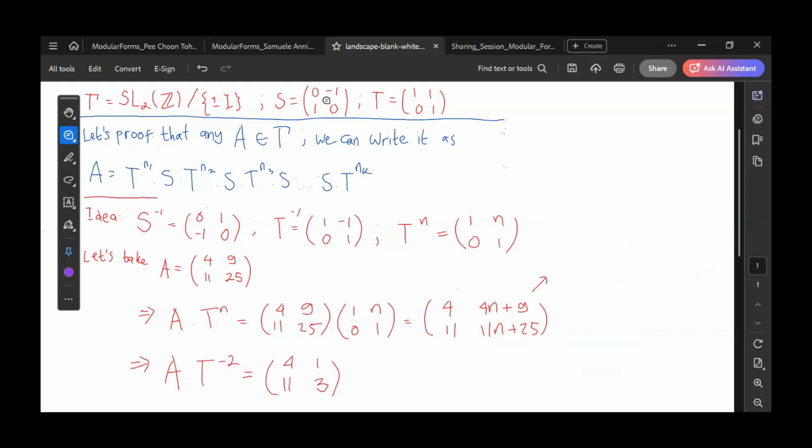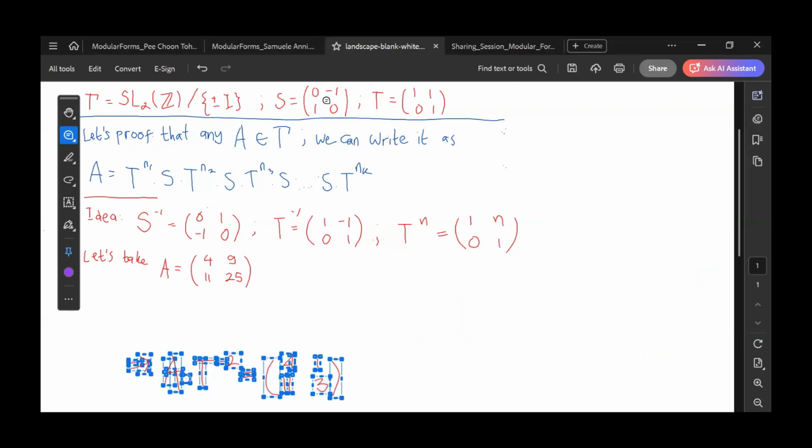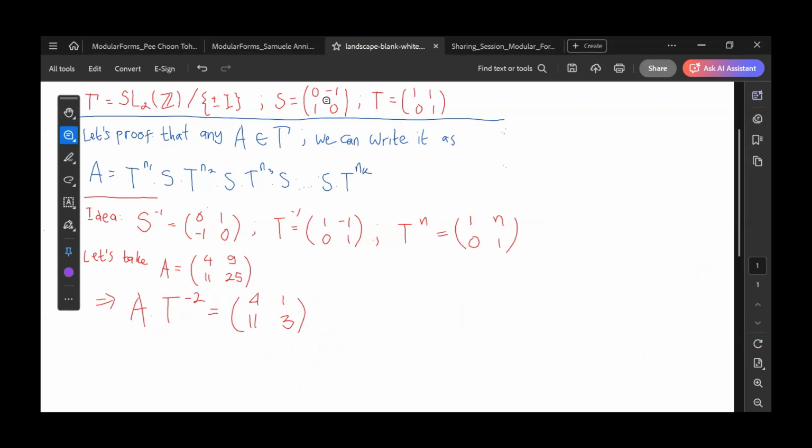So basically what we have here is that we can always find n such that, if this one is a b c d, then none of these is less than none of these.